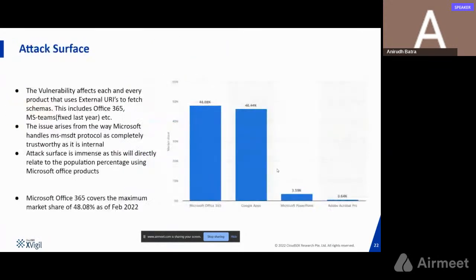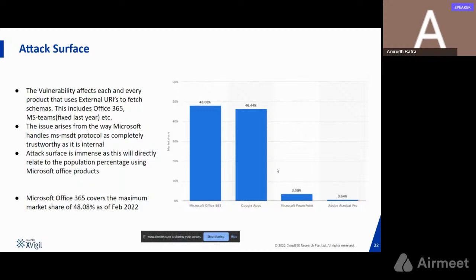Now, there's no need to explain the attack surface, which is extremely immense, right? Microsoft products are being used worldwide. Just to put it into perspective, even now, even with Google Suite and everything, we still have Microsoft Office 365 covering the major market share. And it's not just that. Any document, any PDF, anything which uses external URIs can be used to do the same thing, right?